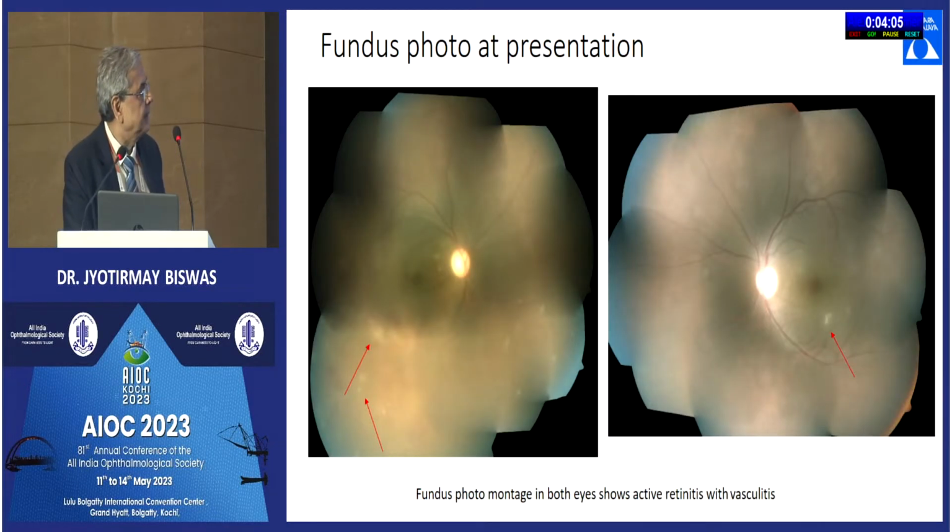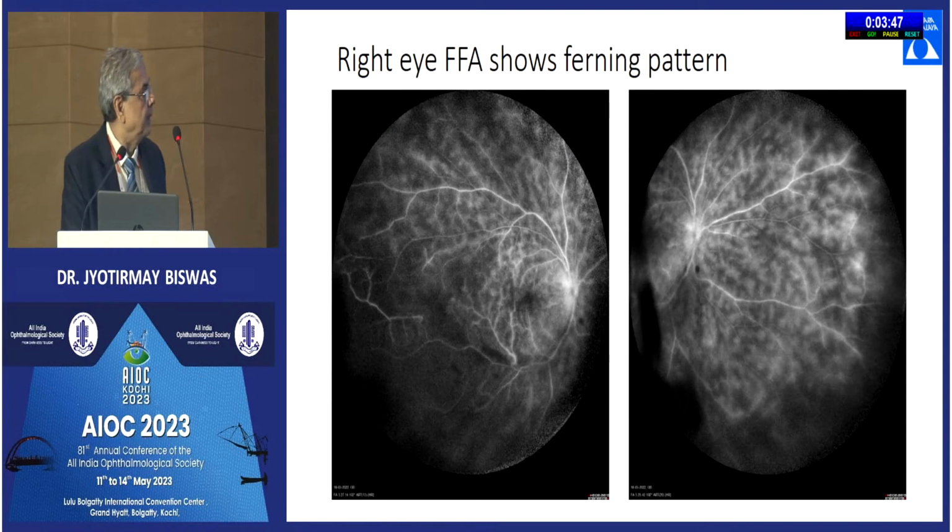The fundus examination showed vitreous haze. If you look carefully, a few retinal infiltrates and retinitis lesions were seen in the right eye. The left eye also showed retinal infiltrates. But the fundus fluorescein angiogram is quite amazing, with extensive gross capillary ferning in both eyes.